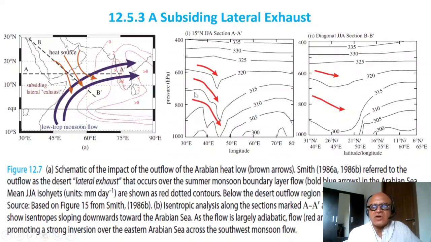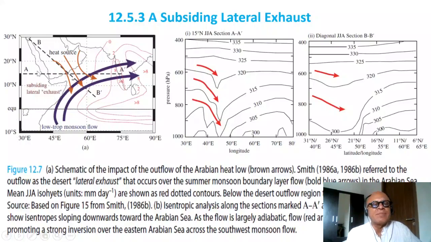The isentropic analysis, according to this paper, along this line B prime here and A prime here, shows that this flow is basically largely adiabatic. So it's flowing down isentropes, as you can see here.